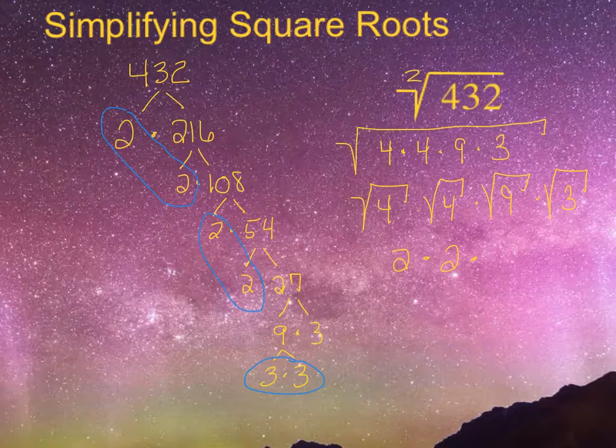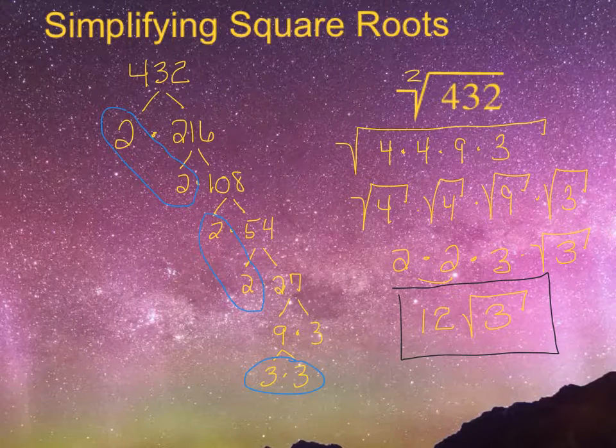I'm just taking the square root of the perfect squares now. And that 3 is not a perfect square. So we have 4 here times 3, which is 12. And that's multiplying the square root of 3. In this case, we've completely simplified the square root of 432 down to this 12 times the square root of 3.